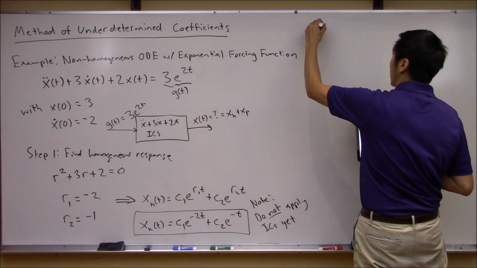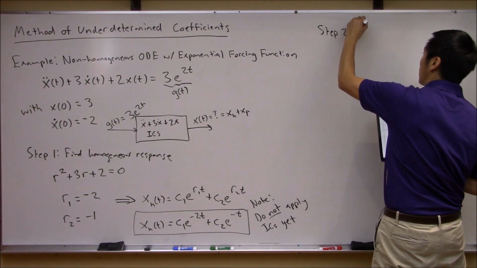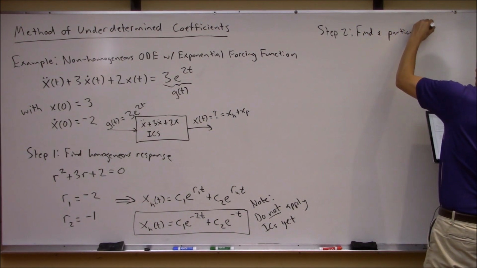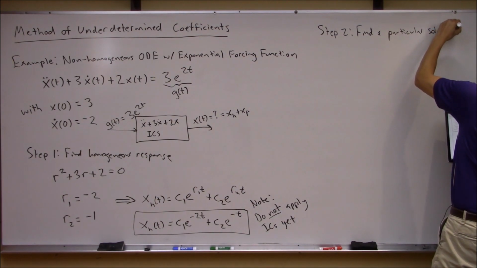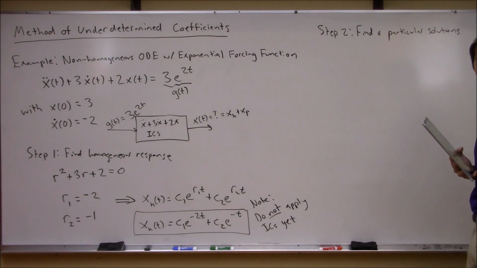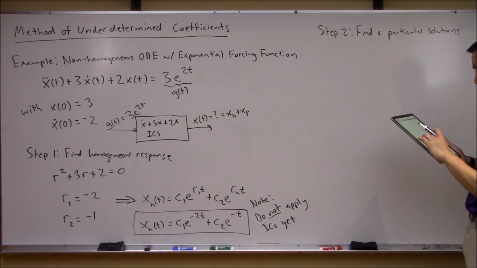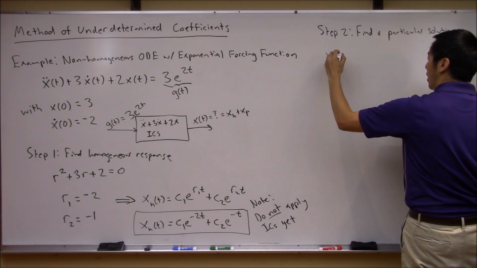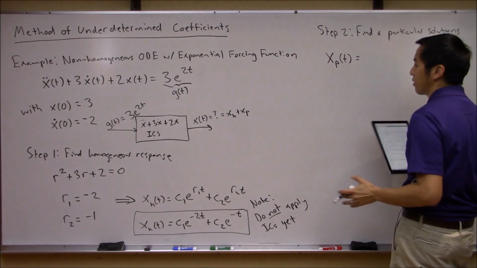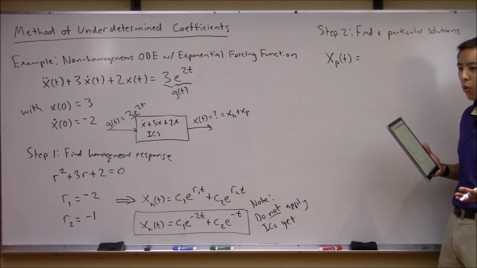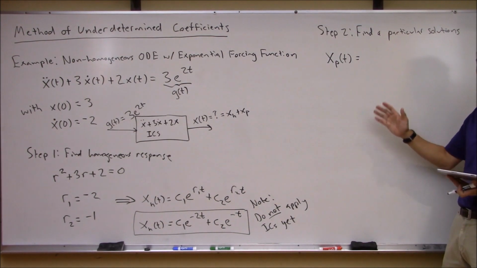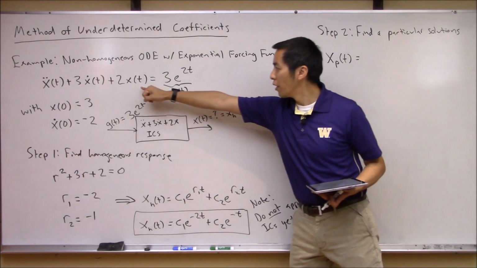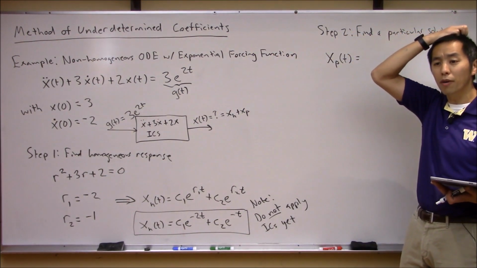So the next thing that we needed to do, step 2, was find a particular solution. And this is where it goes a little bit clang in my head, and hopefully goes a little clang in your head too, because what we have to do is literally guess at this, or pull a function out of thin air that we know is going to solve this non-homogeneous ODE.